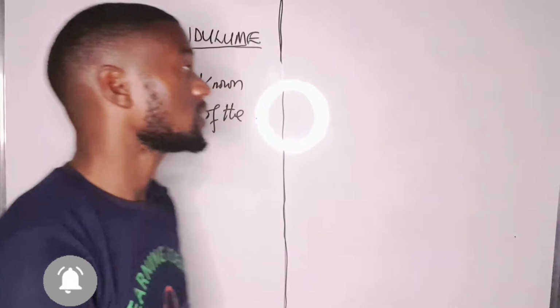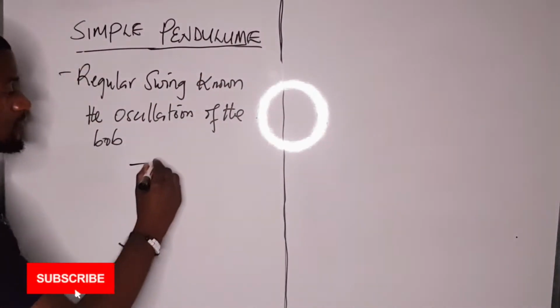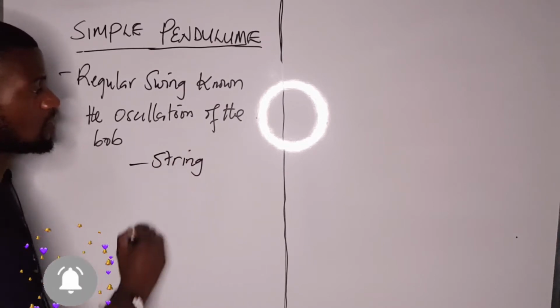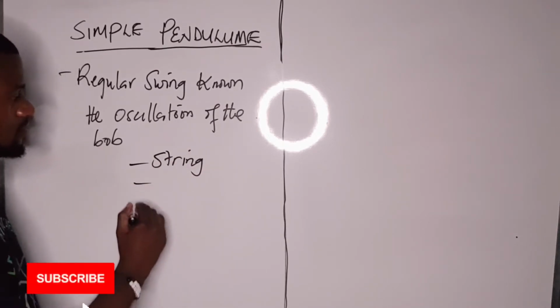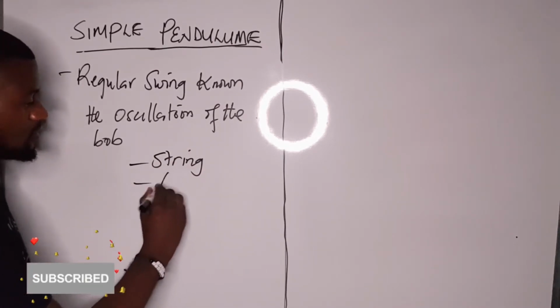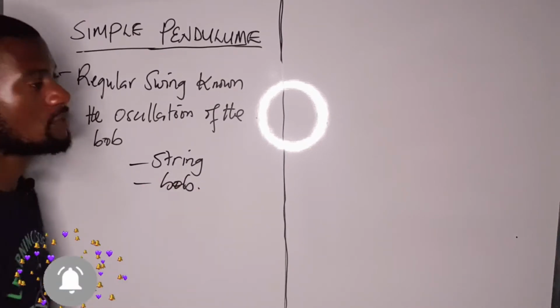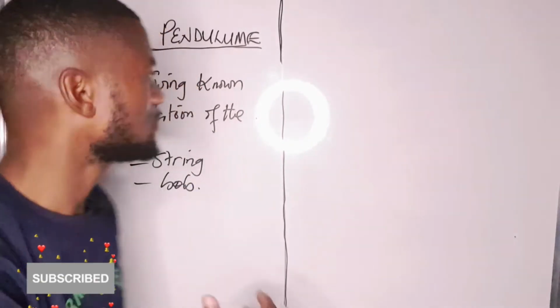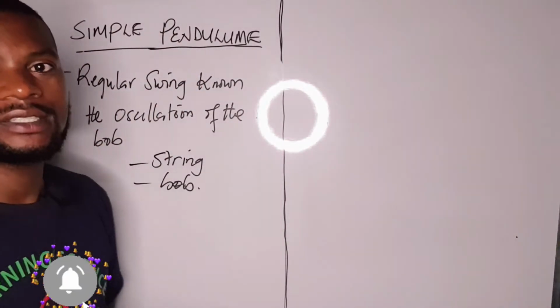So a simple pendulum consists of the string or thread. At the same time, it also consists of the bulb. Again, we have to understand what the term oscillation is.